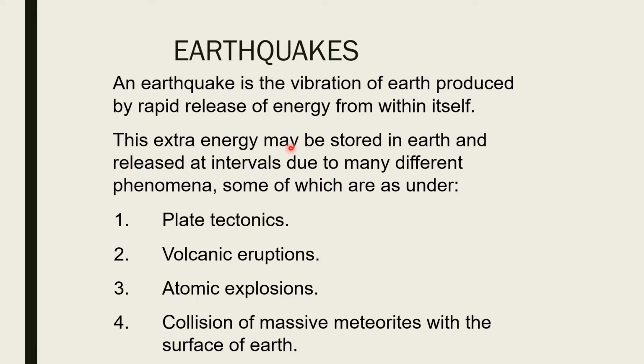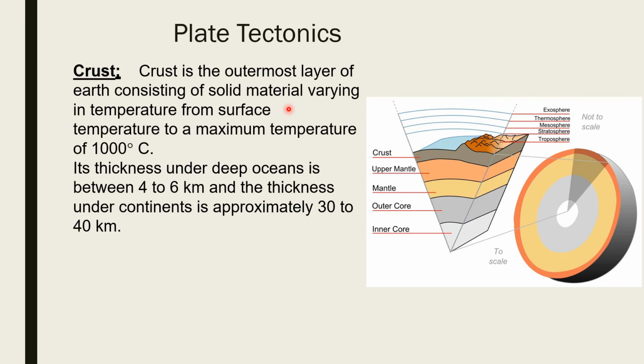This extra energy may be stored in earth and released at intervals due to many different phenomena, some of which are common: plate tectonics, meaning when the plates move there will be an earthquake, volcanic eruptions, lava eruptions, atomic explosions, and collision of massive meteoroids with the surface of earth. When meteoroids fall from the sky onto the earth, they carry a lot of energy, and as a result an earthquake may be produced.